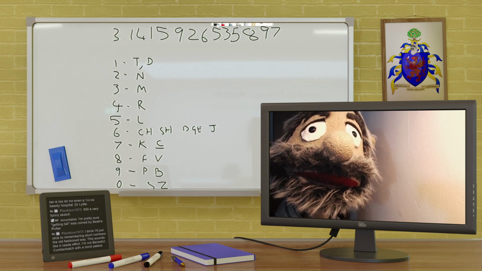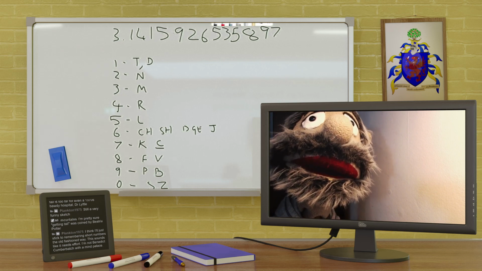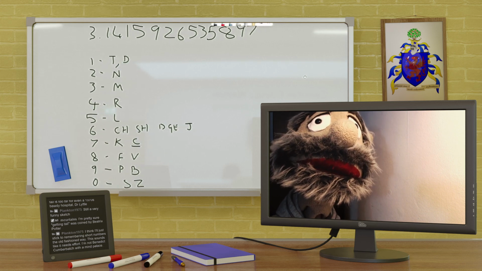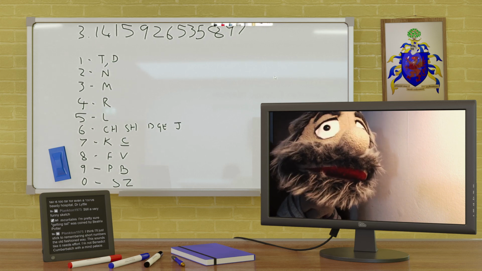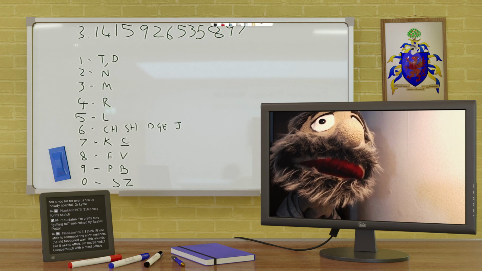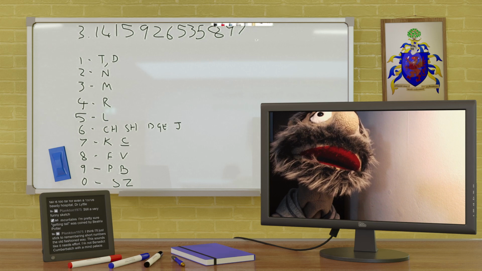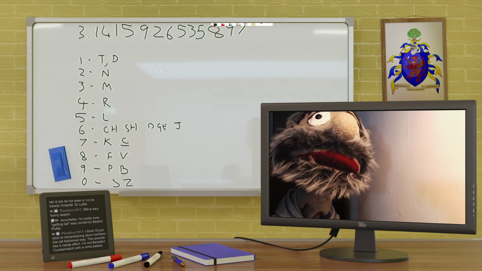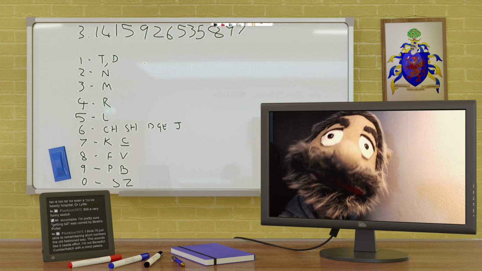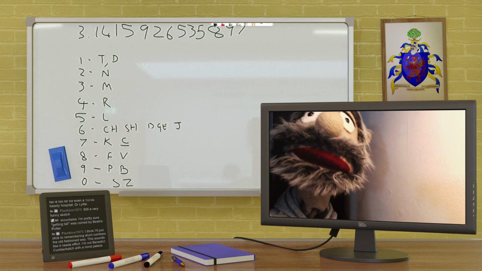So, for memorizing pi, if we go back to our magic whiteboard again, we can turn this sequence into sounds, and then we can convert those sounds into words.